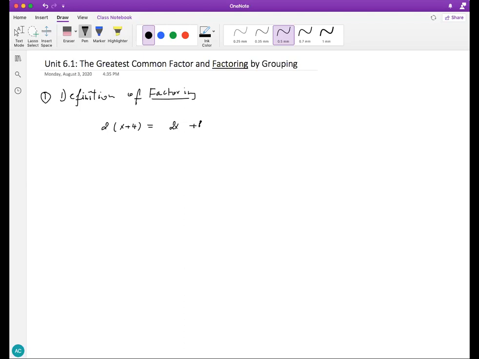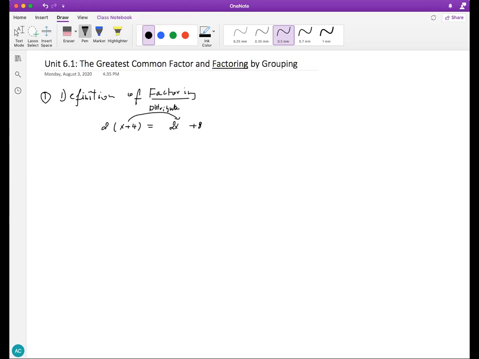This is what we call the distributive property of real numbers. So when we go from this stage to this one, we basically multiply or distribute. Distribute or multiply, technically the same thing.